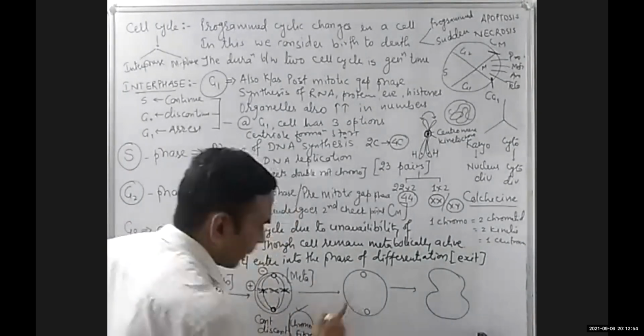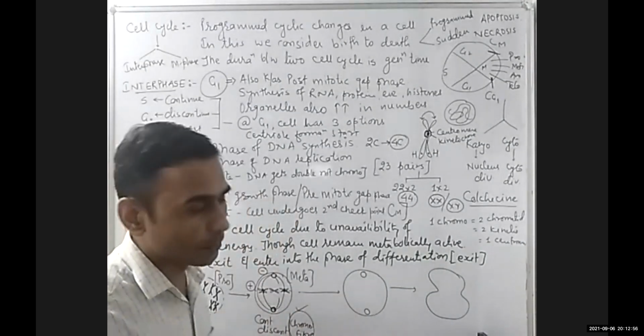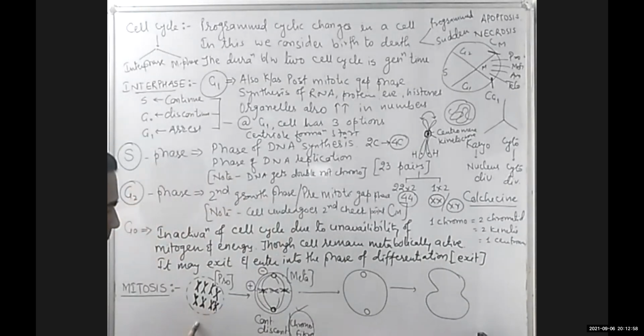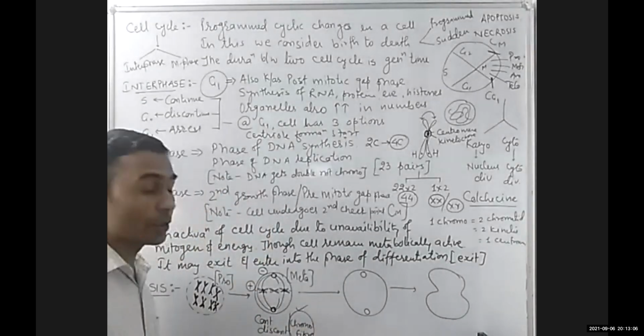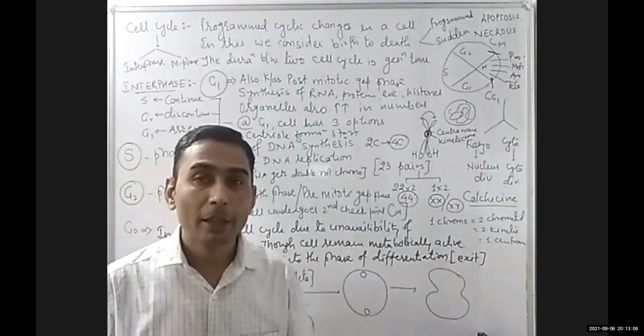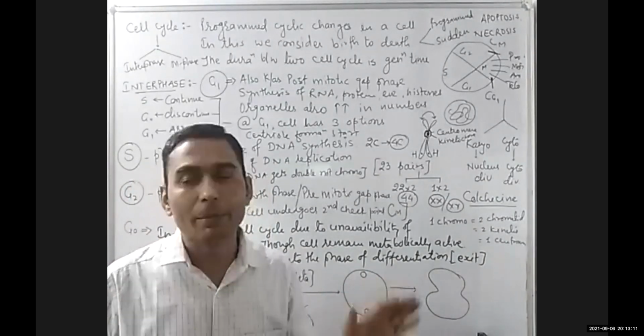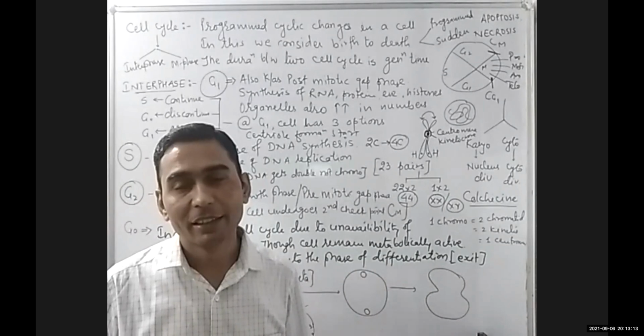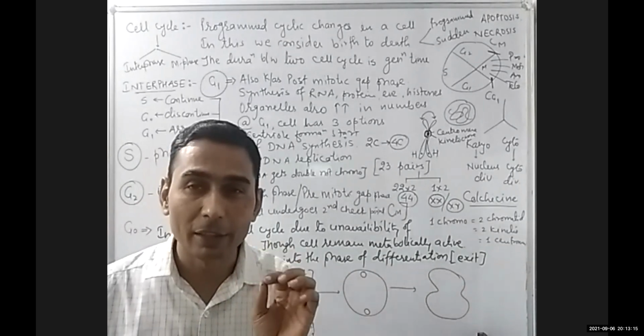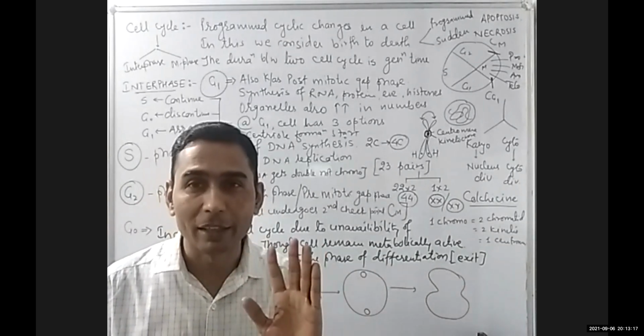So in anaphase, I told you three features: the equator plate, three fibers, and positive and negative polarity. Now it comes to anaphase. The characteristic feature of anaphase is that chromatids start separating. See, I'm repeatedly emphasizing the word: chromosomes are not separating.